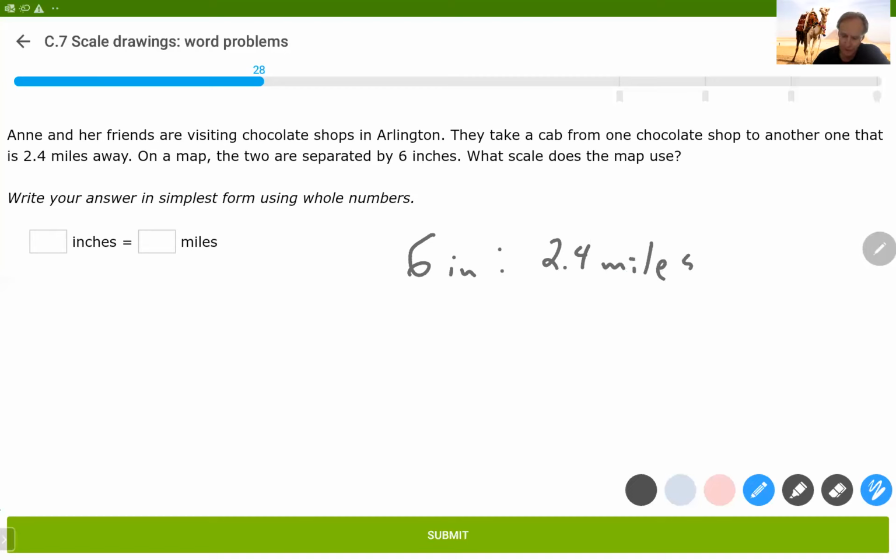And the way that you eliminate decimals in this particular case, what most people would do is multiply by 10, which would give you 24 and 60, and then divide by 2, which gives you 30 and 12. Divide by 2 again, and you get 15 to 6. There are other ways to go, but this one seems to be the most likely. 15 to 6 can be reduced some more, which happens to be 5 to 2.